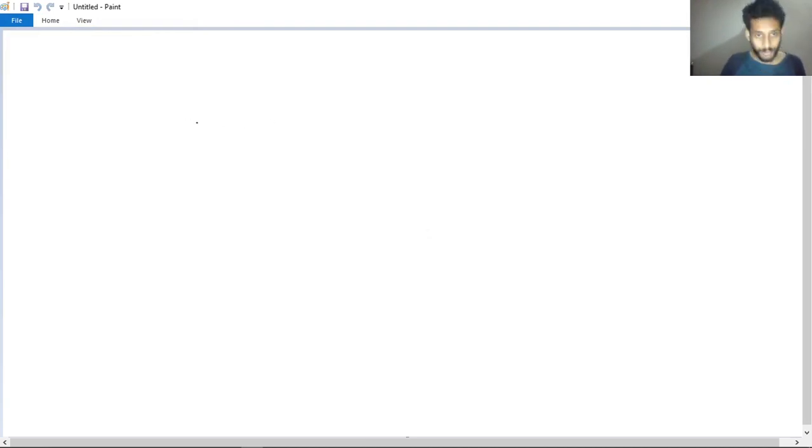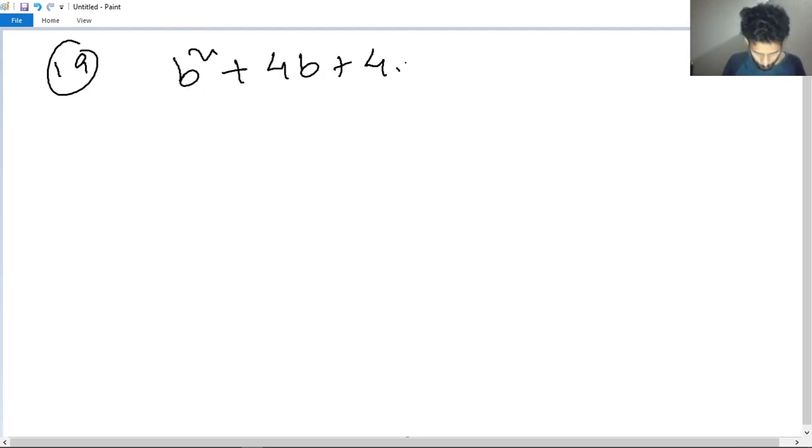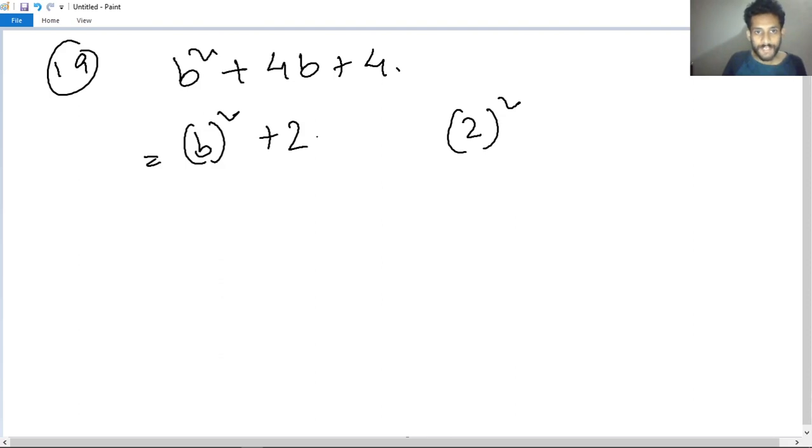Now the second one, question number 19. 19 is b square plus 4b plus 4. Here b square, and 4 can be written as 2 square. So the middle part will be twice into b into 2.